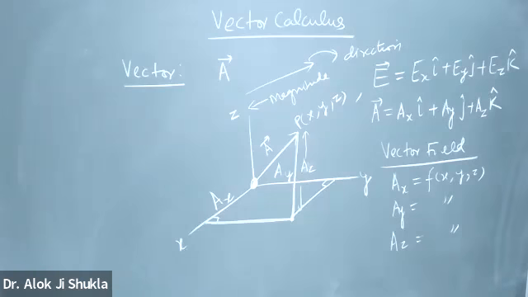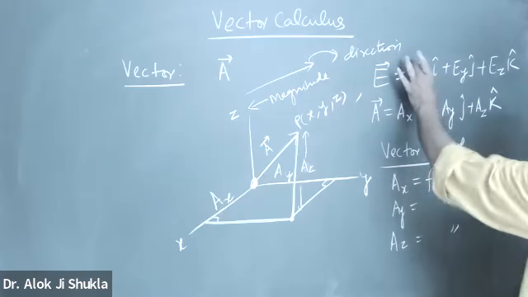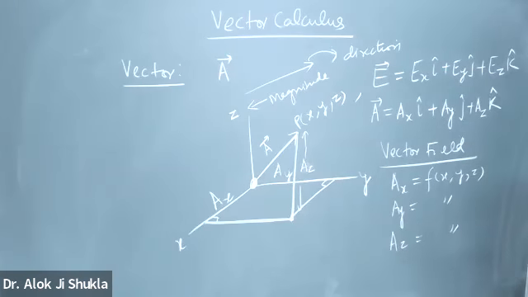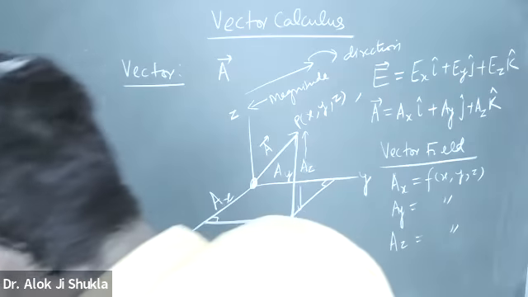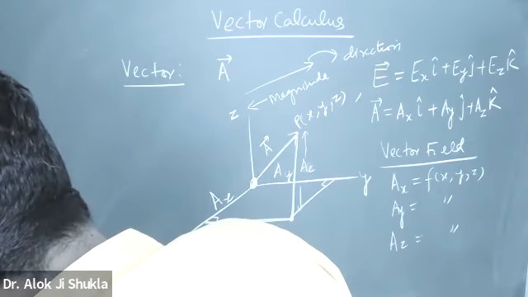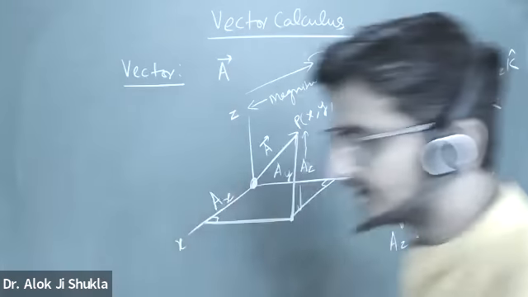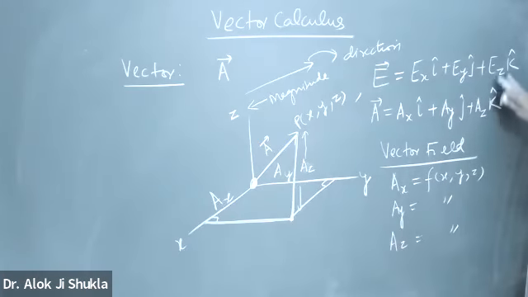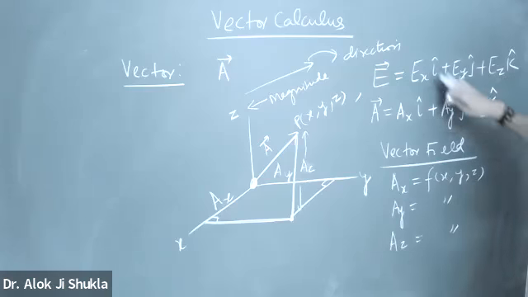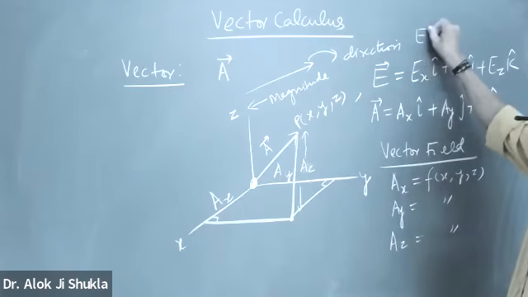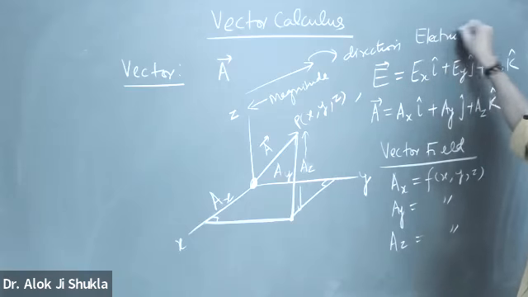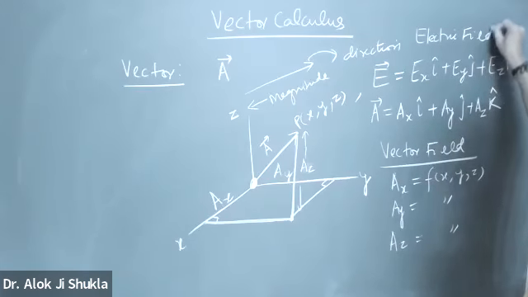Ex will be a function of xyz, Ey will be a function of xyz, and Ez will be a function of xyz. Is that okay? So that's why this is called electric field. The word field is used because it is a vector field.